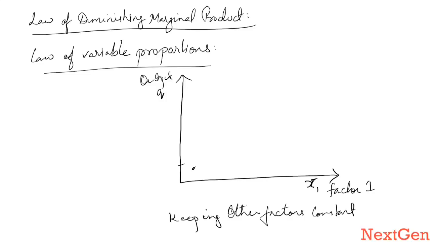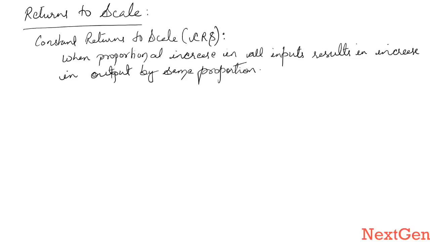Then the curve will be: as the input rises the output also rises, but after a certain level, as the input increases the output starts to decrease. This is the law of diminishing marginal product.